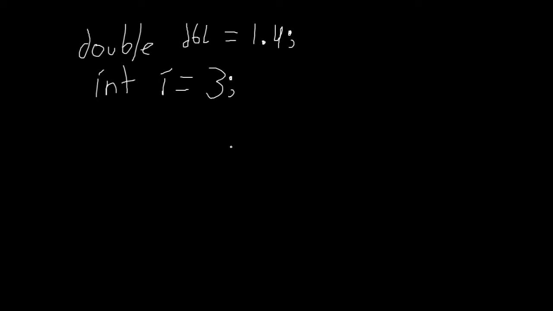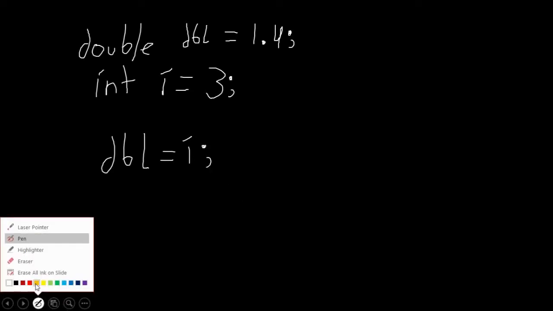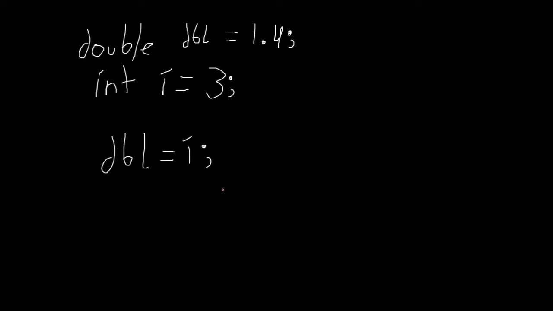Now, to start off with how to convert from one to the other, it's actually pretty easy to put an integer value into a double. All it really requires is just an equal sign. So if I did DBL equals I, and I'm going to do my output in red, if I were to print out DBL at this point, that means that right now DBL would be equal to 3.0.